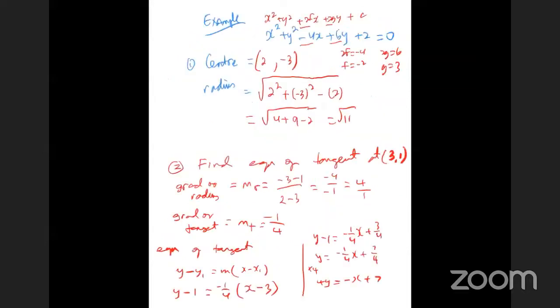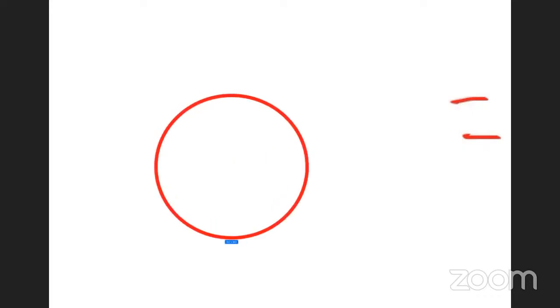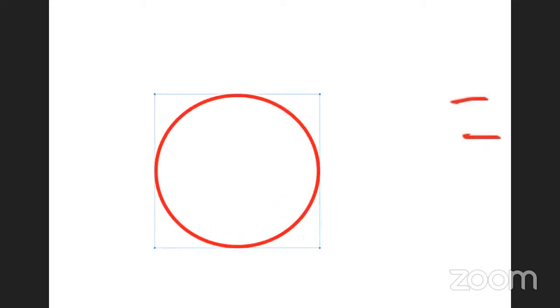So suppose I gave you a circle, a circle-ish looking circle, right? And I said, well, help me out here. Find the equation of this circle, right? But all I've given you is a point here, a point here.